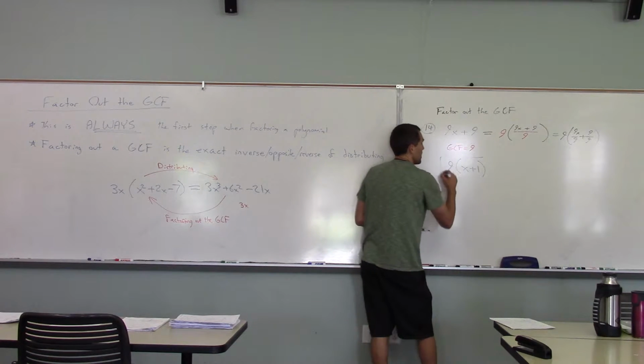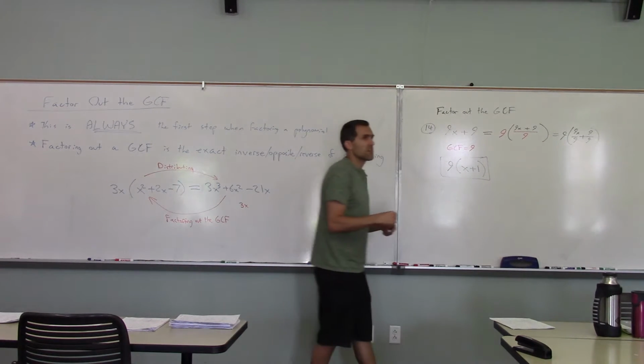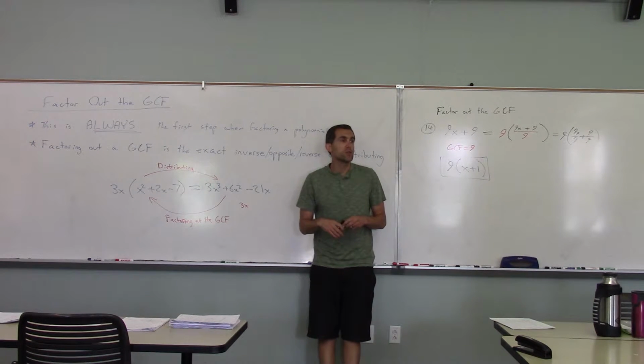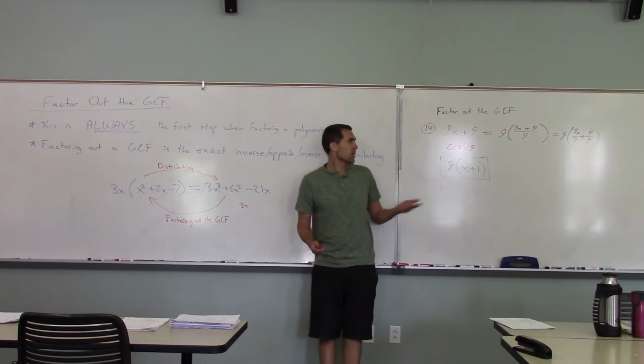times x plus 1. And factoring is another thing that's so easy to double check. Because if I give you a polynomial and say factor, how could you really easily check if you got the right answer? Just multiply them back together, right?